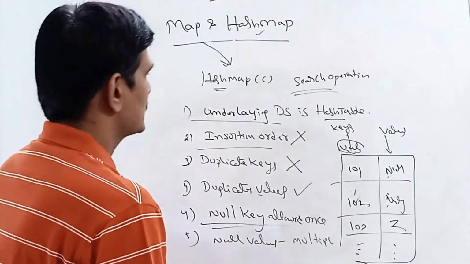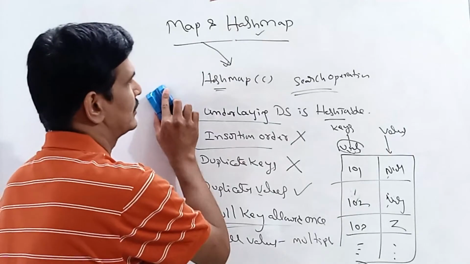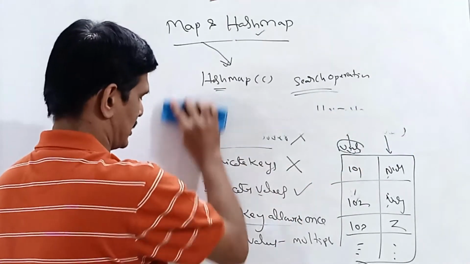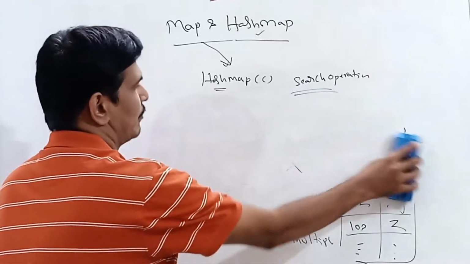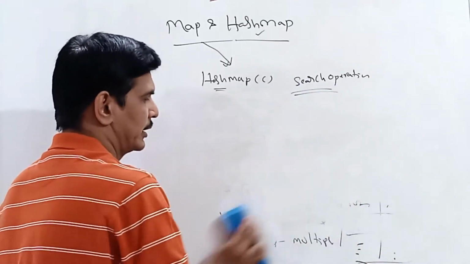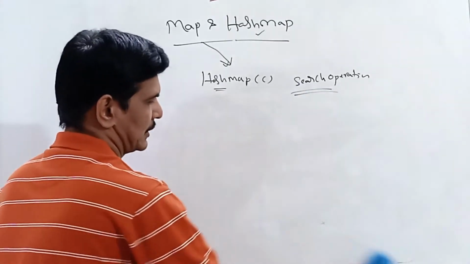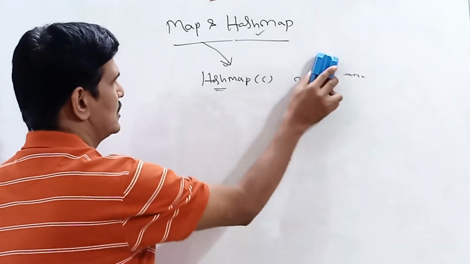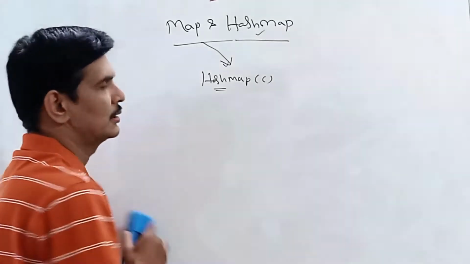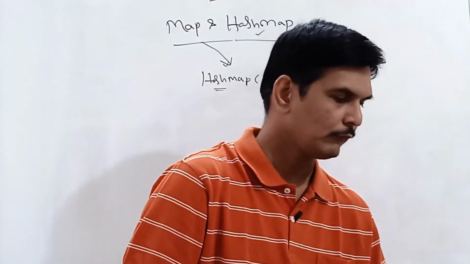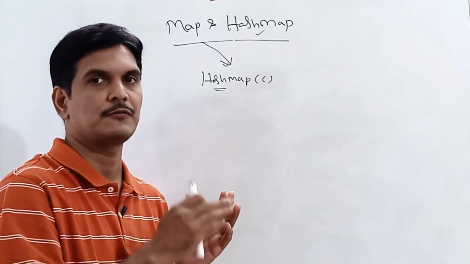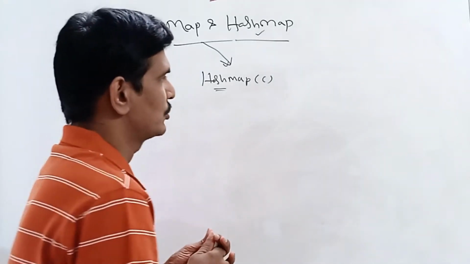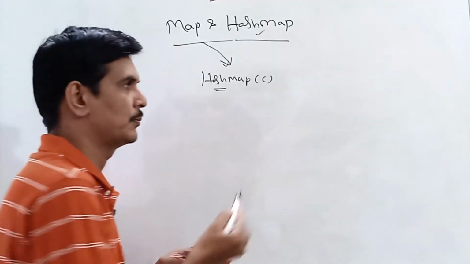Now let us discuss the different methods available in the HashMap class. Whatever methods are defined in Map, the same methods are implemented by the HashMap class. So let us discuss what those methods are. We have understood HashMap is nothing but a collection of key and value pairs, so the data is stored in the form of key-value pairs.